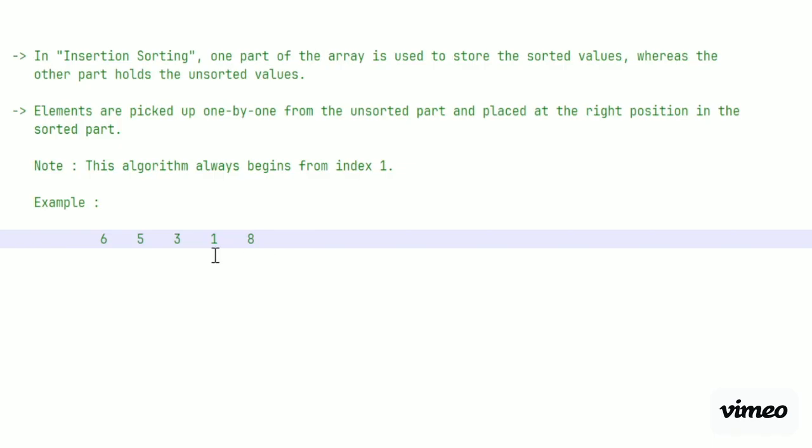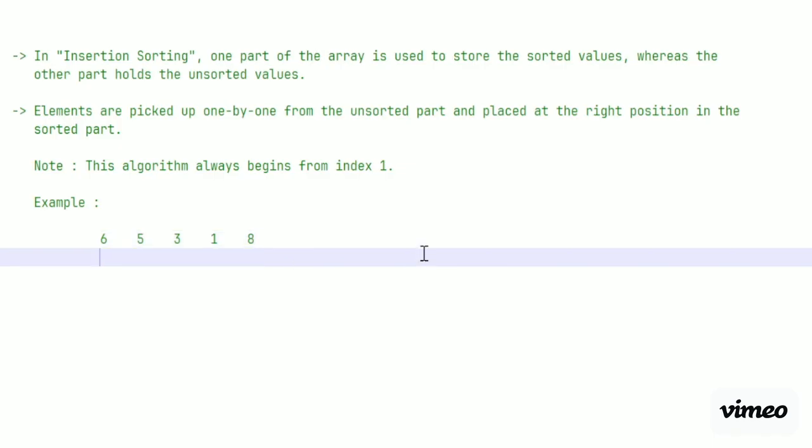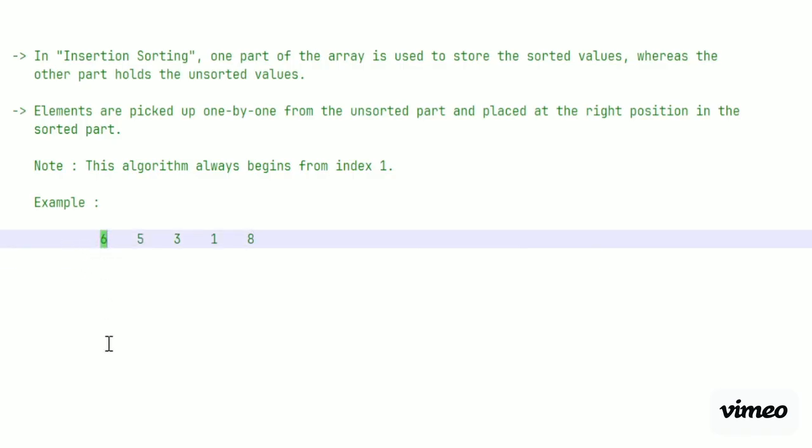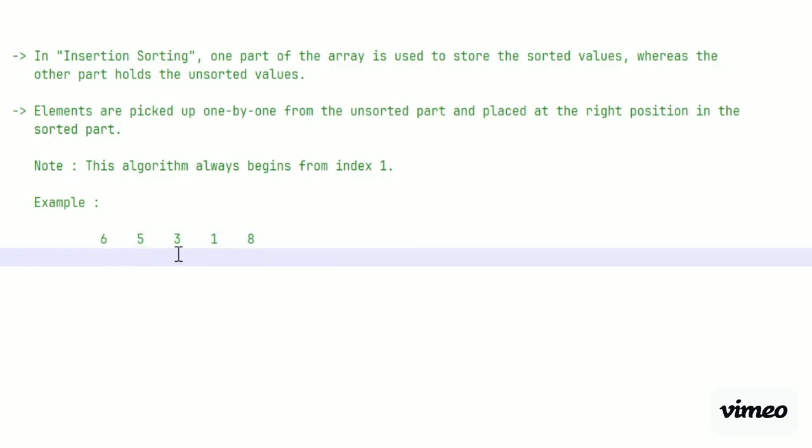Let's consider this example where we have this collection of numbers: 6, 5, 3, 1, 8. To begin with, we can say that this 6, the element at index 0, is the sorted part of the array, so we don't do anything here.